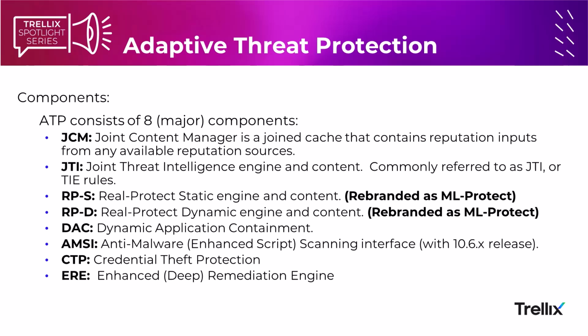Pretty much everything else is intended to work together to establish an overall reputation. I would probably include CTP in that too. AMSI and credential theft protection, while they're built into the product, are kind of operating separately, whereas JCM, JTI, the RealProtect scanners, credential theft protection, and enhanced remediation engine are all working together to get you an established reputation.